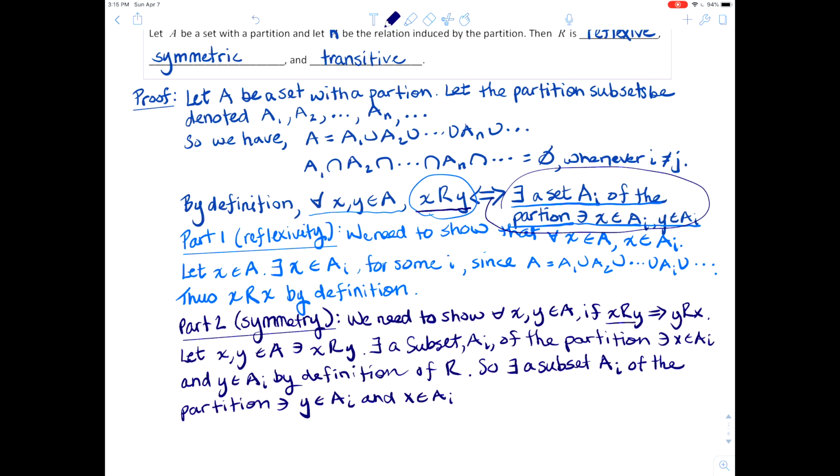And remember, we saw that in the last example, that first example actually. What does that mean? By definition of R, what do we know? Beautiful. Y R X. Groovy?